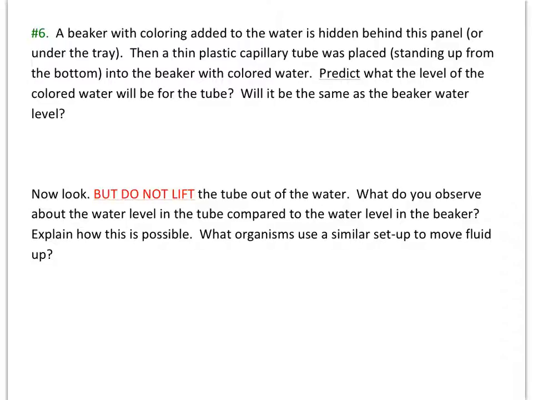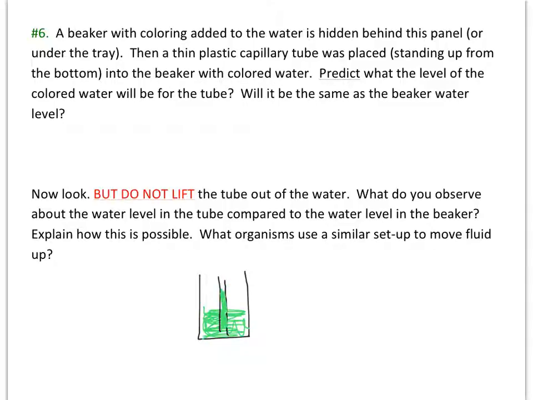Next, you saw the capillary action, the thin tube within the water. So you should have noticed, hopefully, that once you looked, the level of water within the beaker was lower than that in the little capillary tube, because water adheres to the sides of the tube, and so it could travel upwards and sort of keep pulling water behind it.